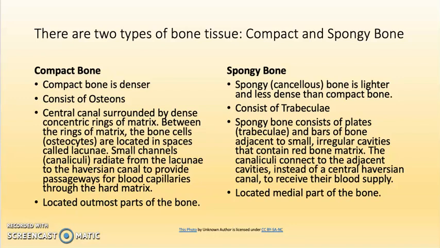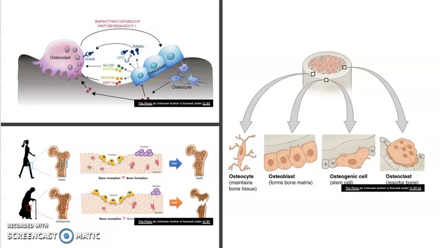Bone is a connective type of tissue, has cells and extracellular matrix. We can see four types of cells. Young bone cells called osteoblasts, here with the blue color coded, and osteoclasts with the pink color coded in this picture.